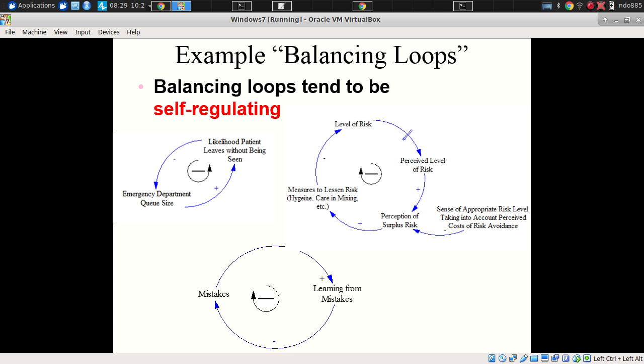Okay, how about this one? Perceived level of risk. That tends to increase my perception of risk. So perceived level of risk relates to, okay, what level of risk do I think it is? And then I compare it to a level I find acceptable.